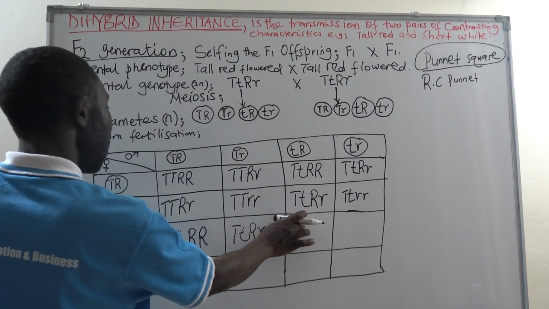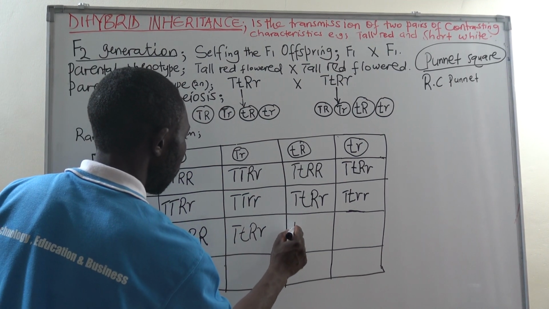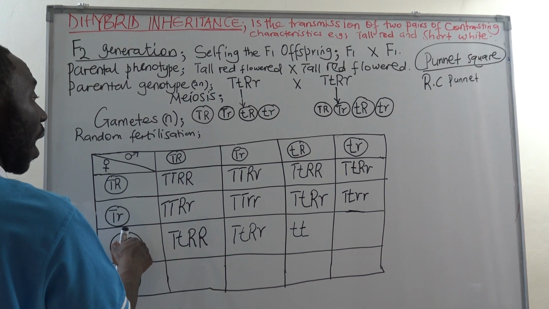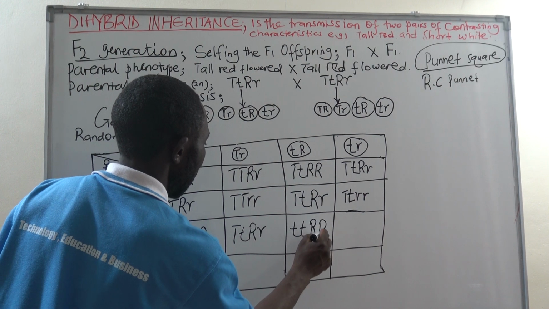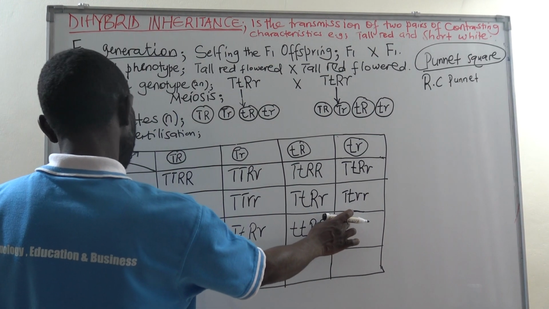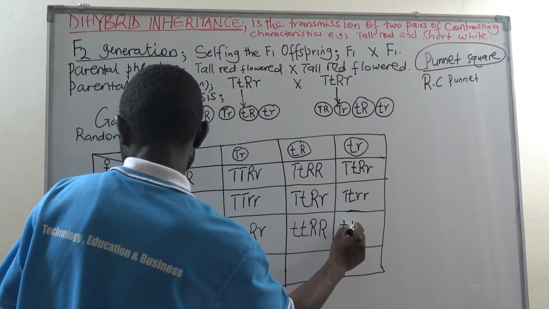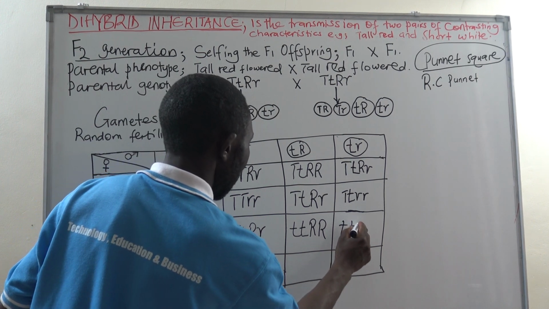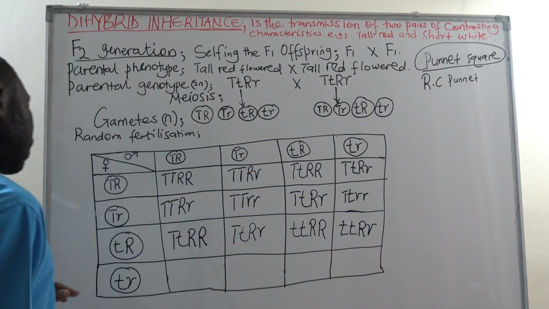This offspring will bear genotype of small t, then capital R, capital R. This one will bear small t, then capital R, and then small r.